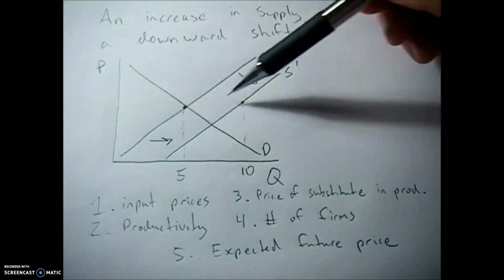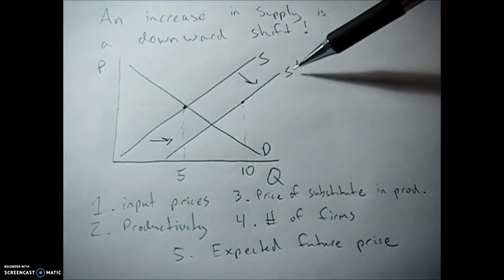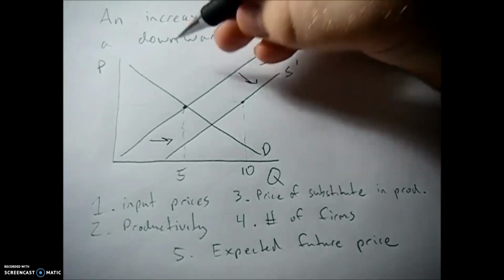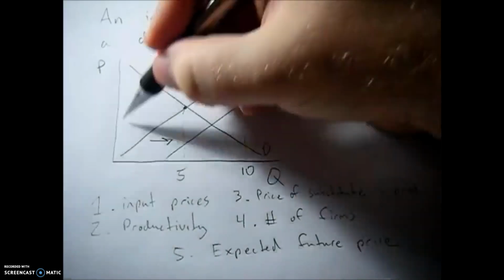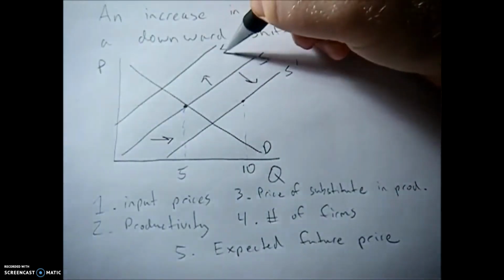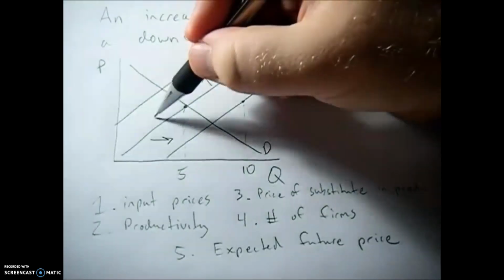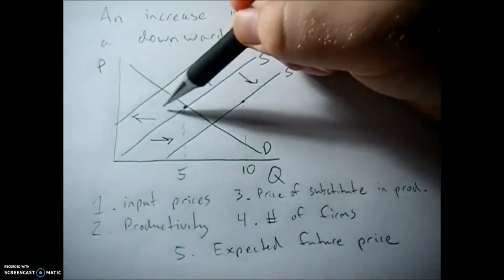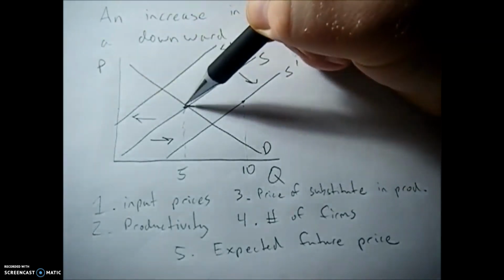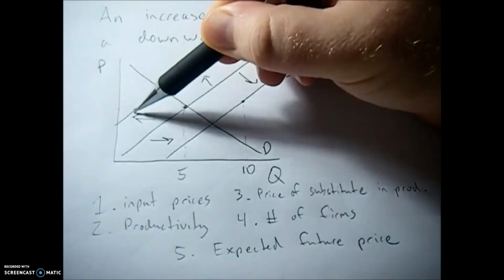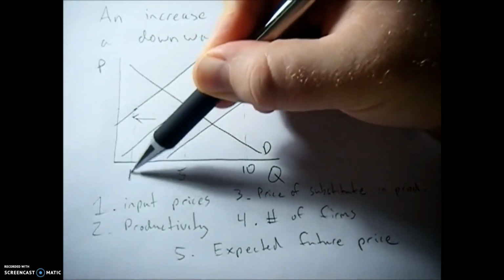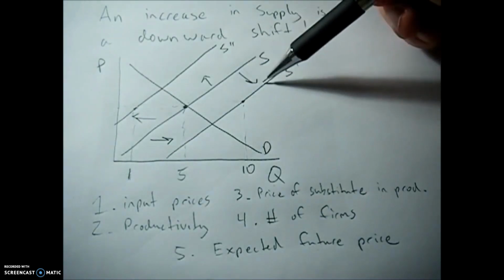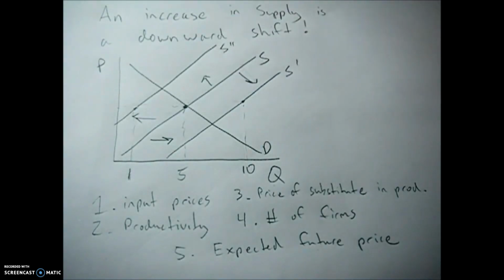Use the same price check to make sure you shift your supply in the right direction. An increase in supply is a downward shift. A decrease in supply is an upward shift or a leftward shift. So at that same price, the quantity supplied might be 1. So an increase in supply goes down, a downward shift. A decrease in supply, an upward shift.